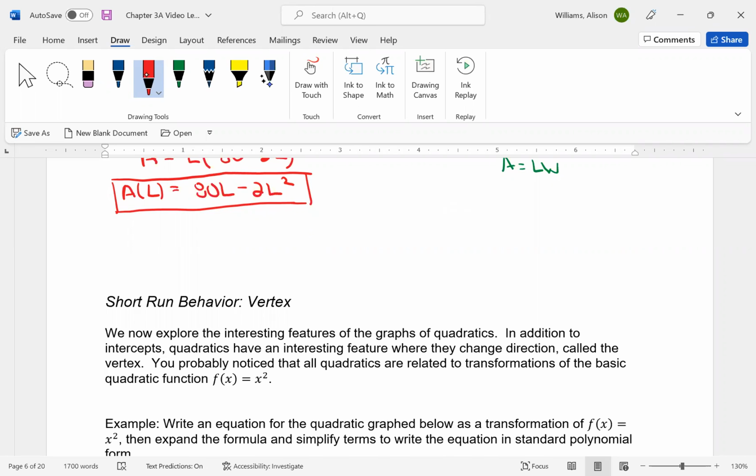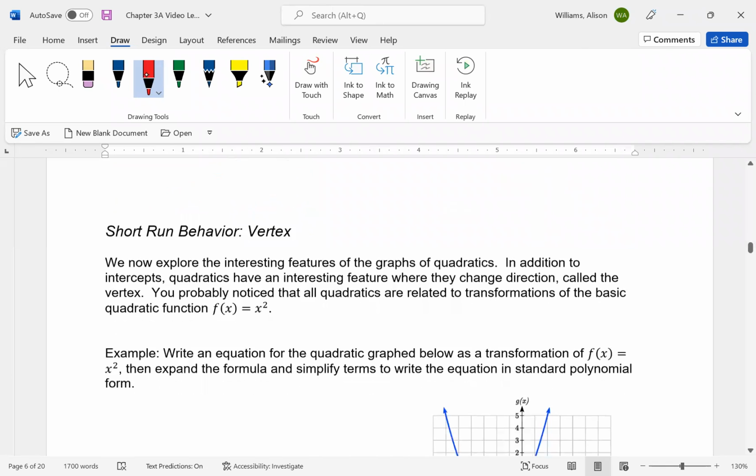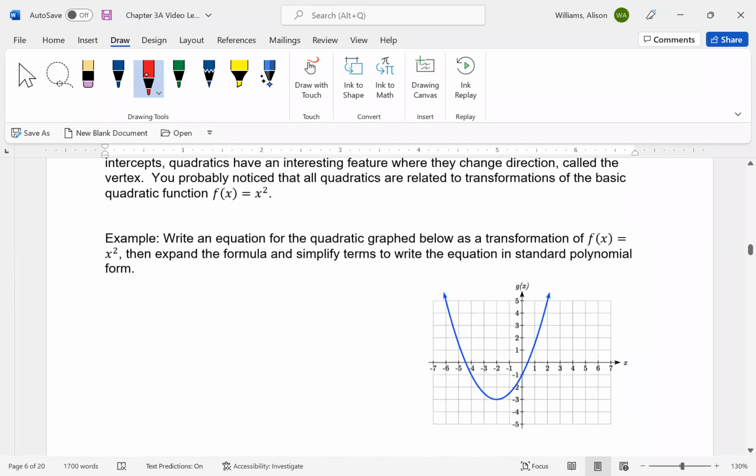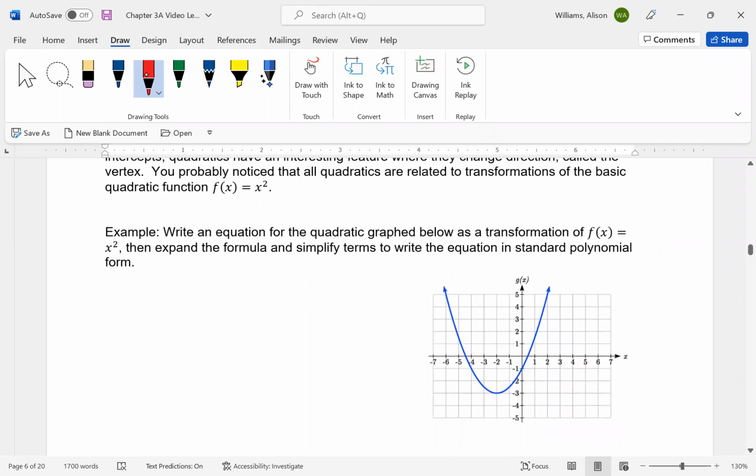So when we look at f(x) equaling x squared, we know that that turning point right here is the vertex. Now, before we talk more about the vertex, we're going to use a previous example from transformations, where we're going to figure out an equation for this based on x squared.